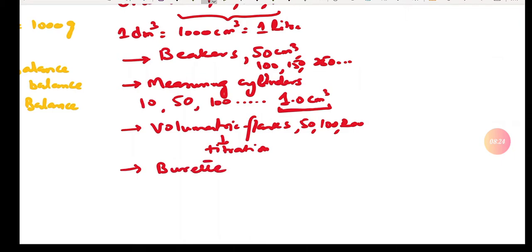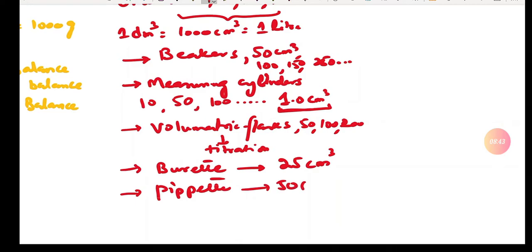Burette can give you a measurement for 25 cm cube, and it gives you slightly increased accuracy. And then we have pipette. Pipette is more accurate. Its total volume is 50 cm cube, and it can give you an accuracy till 0.1 cm cube. So it is much more accurate, and it is also used for titration experiments.